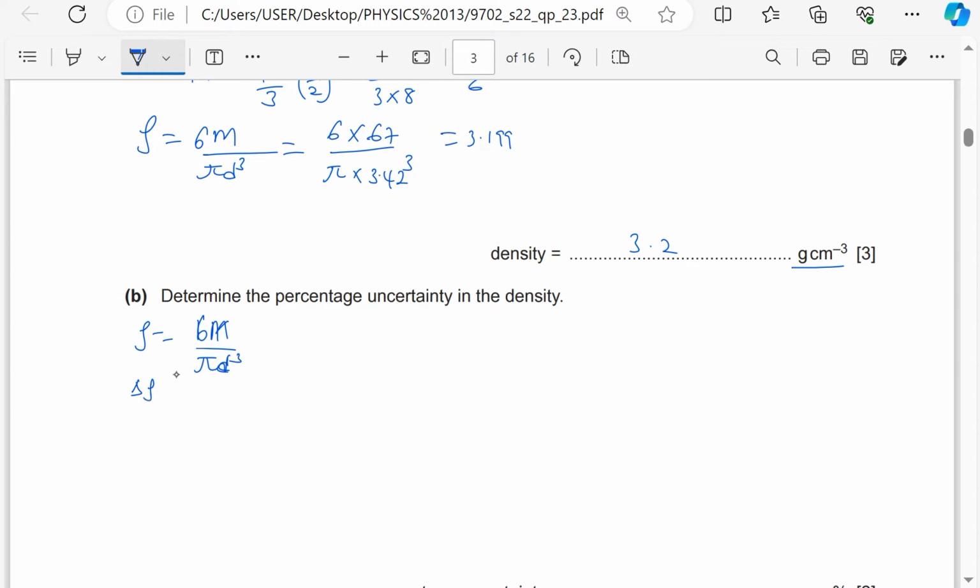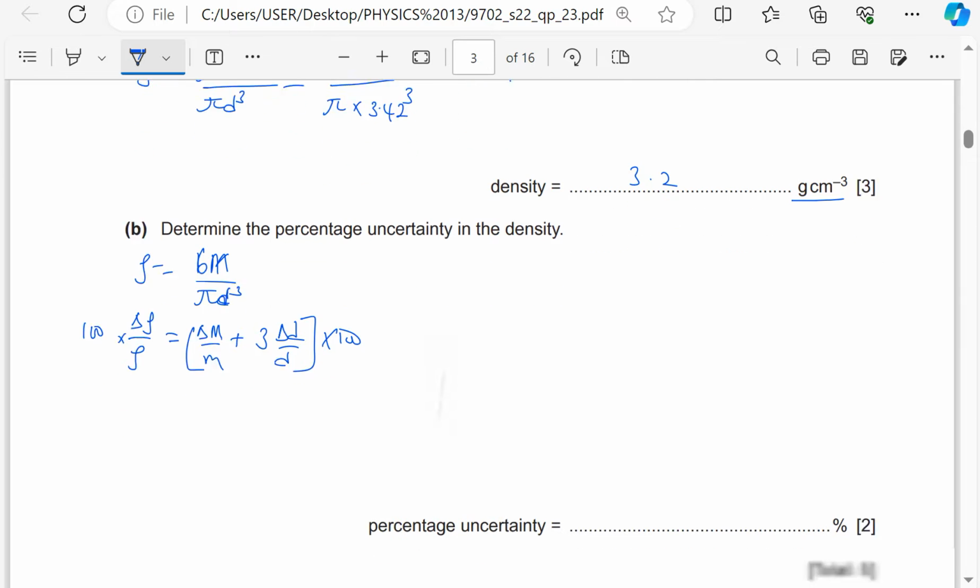So absolute uncertainty in density divided by rho is going to be absolute uncertainty in m divided by m plus 3 times absolute uncertainty in d divided by d. Of course, I'll multiply this by 100, and this side also by 100 to get percentage uncertainty.